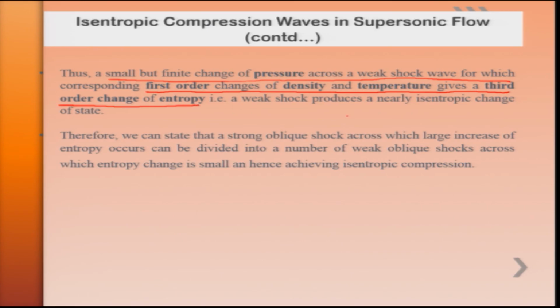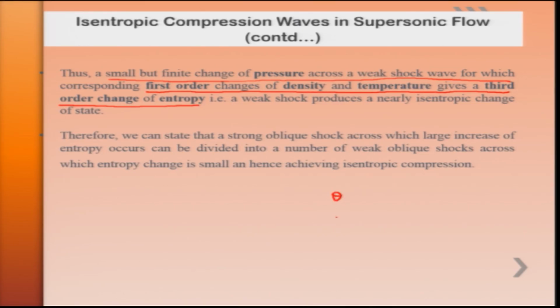That means if you are really interested in making the flow process isentropic, then a small change in theta will lead to a small change in the entropy. That is, rather than using an abrupt change in deflection angle, if you change the flow deflection slowly, it will benefit you a lot because the entropy change is proportional to the third order of change in angle.